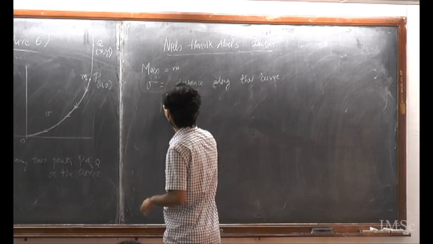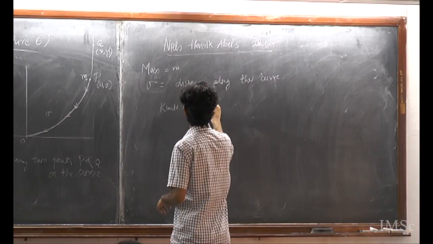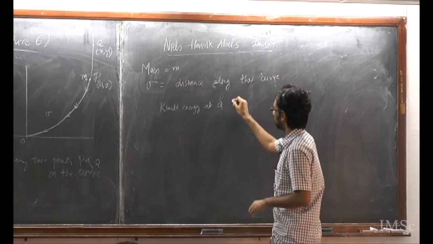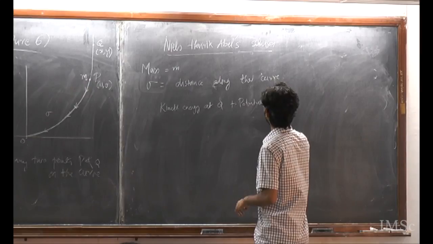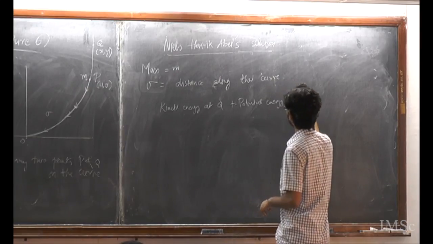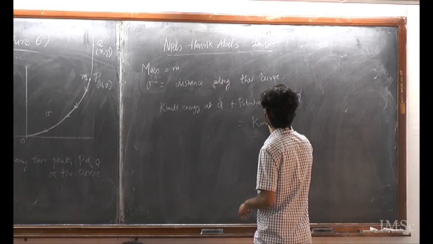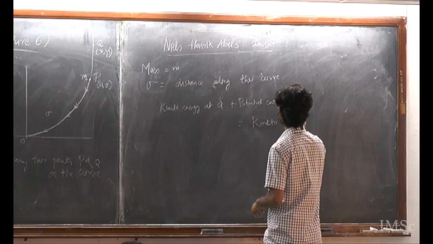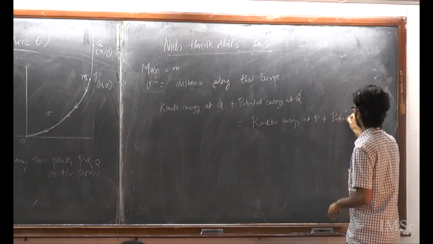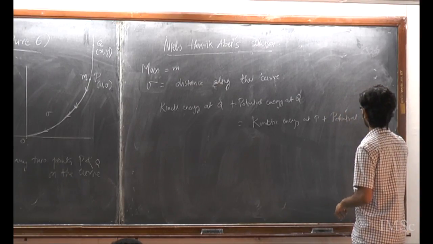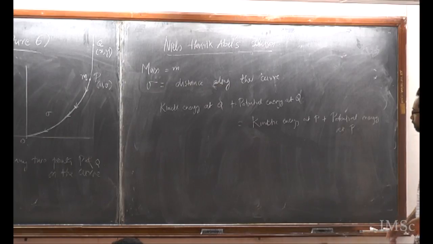So then kinetic energy at Q plus potential energy at Q is equal to kinetic energy at P plus potential energy at P. So this is the law of conservation of energy.